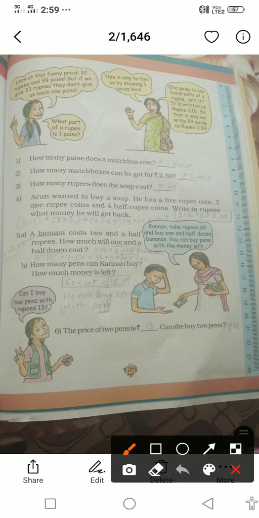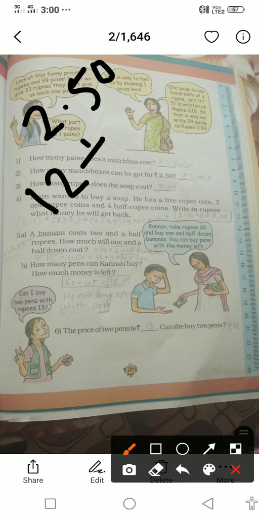Okay, now the second is a banana, costing 2.50 rupees per banana. If he wanted to buy 1.5 dozen bananas, 1.5 dozen means 12 bananas plus 6 bananas, 1 dozen plus half dozen.